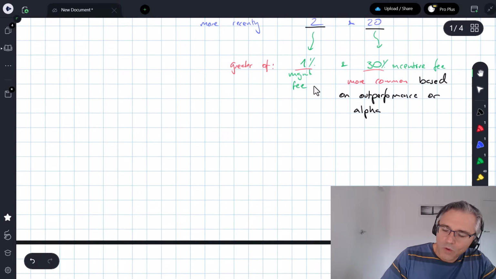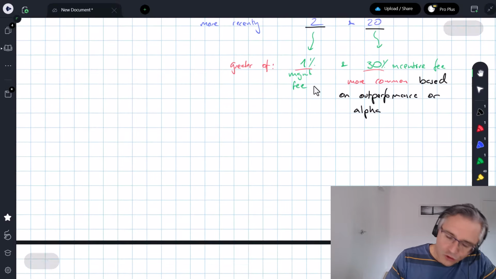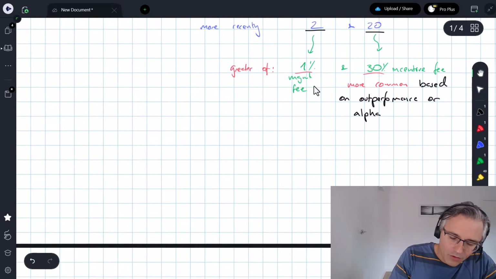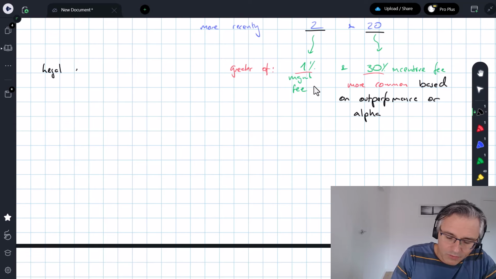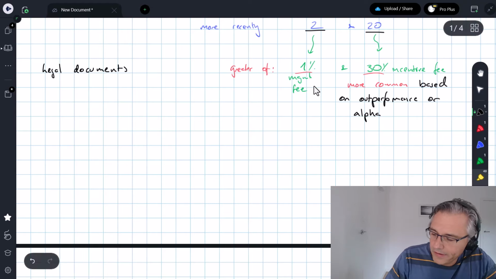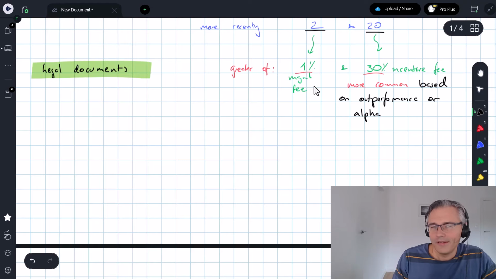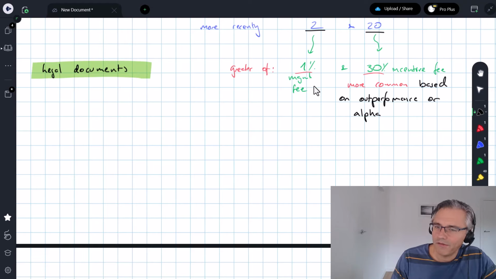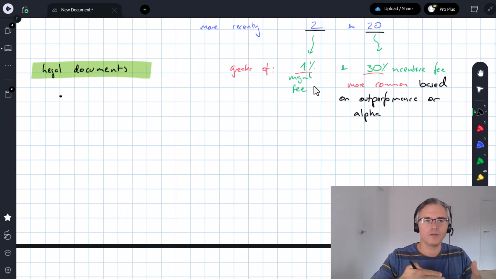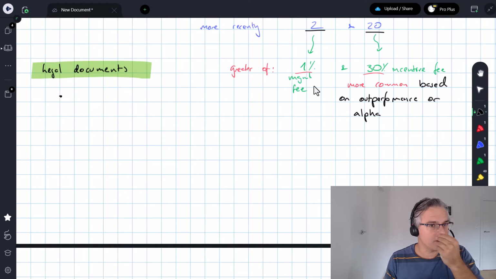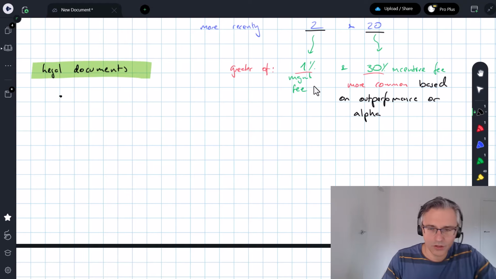Now, quite importantly, I think you should be aware of the names of certain legal documents which accompany the formation and running of a hedge fund. Depending on how it is structured, those legal documents will have different names. First of all, because you need to launch a fund, you need to approach investors with some legal documentation.